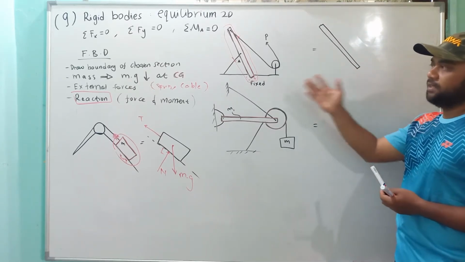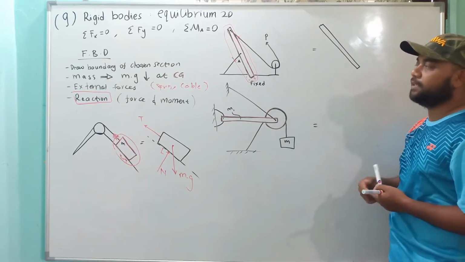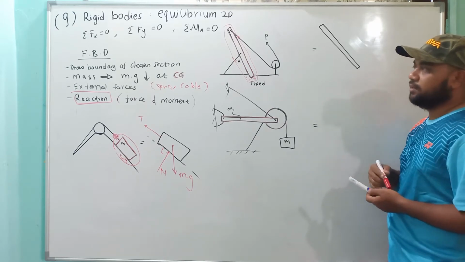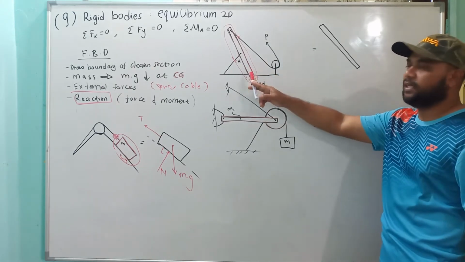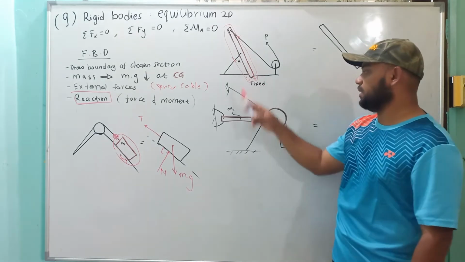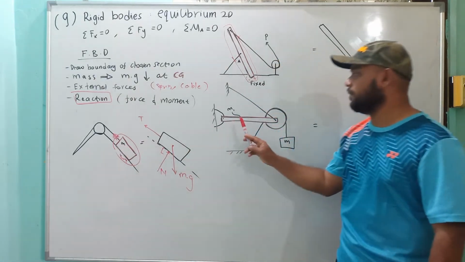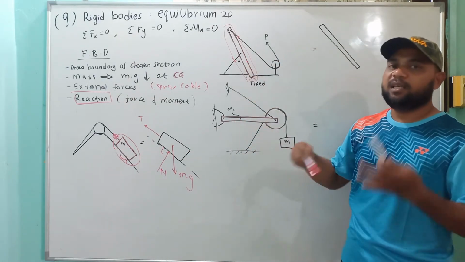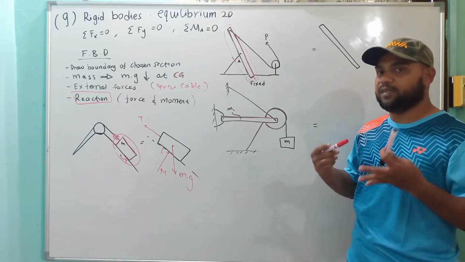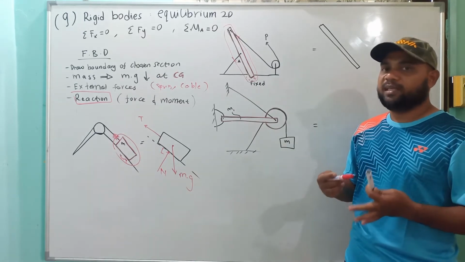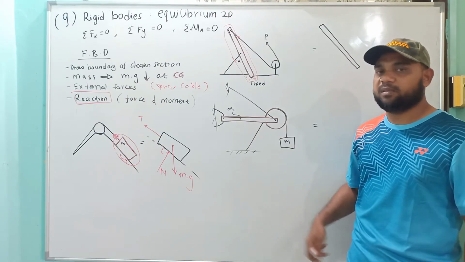First draw the chosen section, and the second one is mg. This figure doesn't show any mass, unlike this one where we have mass here. If nothing is said or shown, you ignore it, meaning there's no mass for this component.